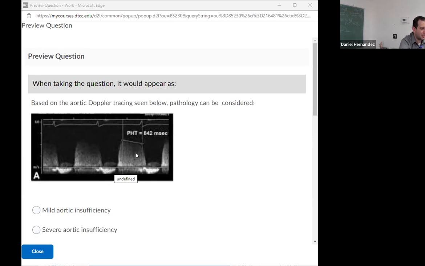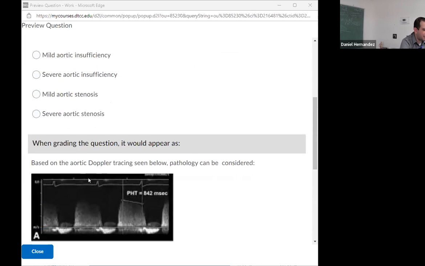Here, we're focused on the regurgitation of the aortic valve, back above the baseline. We're seeing a very flat slope that indicates a very long pressure half time. They tell us it's 842 milliseconds, so that would indicate mild aortic insufficiency.